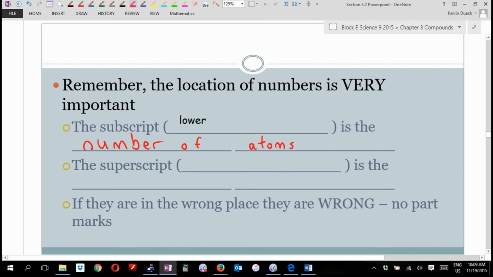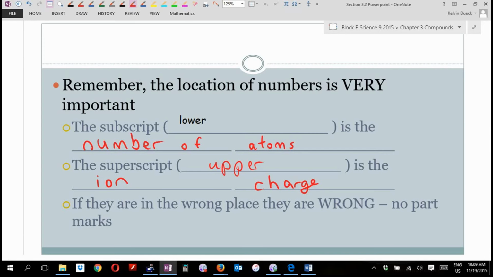The superscript, the upper number, the number that's in the upper right, that's the ion charge. Trevor, if in the wrong place, they're wrong. I'm not going to give you part marks.